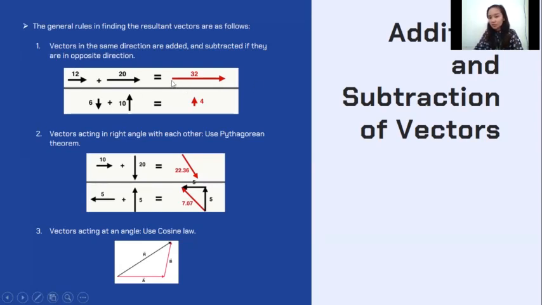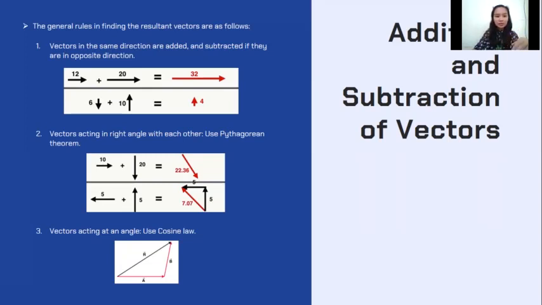Kapag the same yung direction ng dalawang vectors, i-add natin sila. Bakit? Kasi both of them are going in the same direction. Okay, so tuloy-tuloy yung nata-travel ni vector. So in this case, we have here 12 plus 20 is equal to 32. And then yung direction ni 32 is the same with the direction of the two vectors.